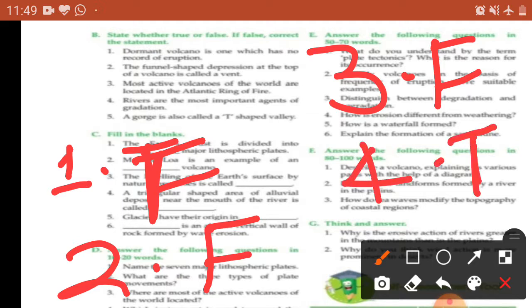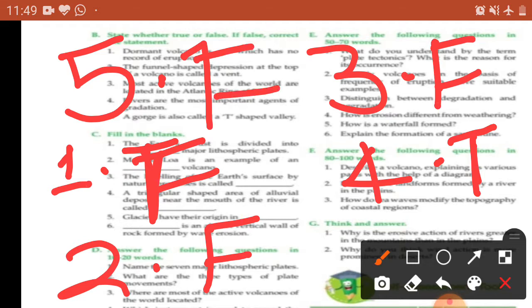And fifth one, a gorge is also called a T-shaped valley, and this fifth statement will be false. So our first statement is false, second statement is false, third is false, fourth one is true, and fifth one is false.